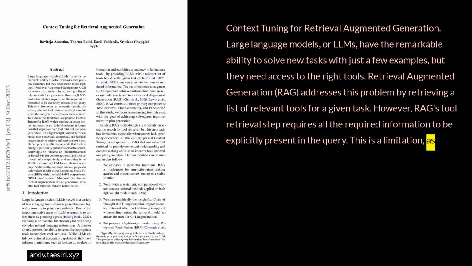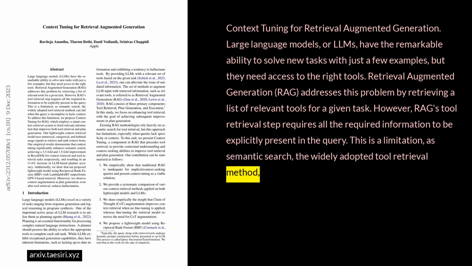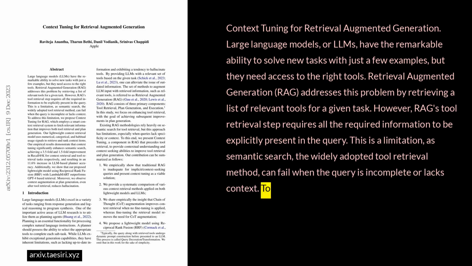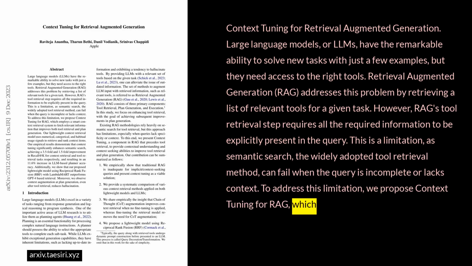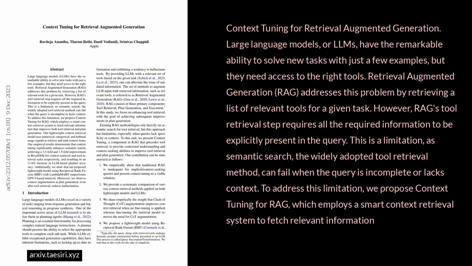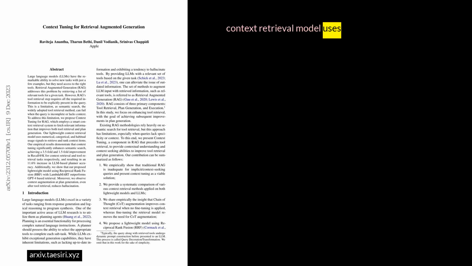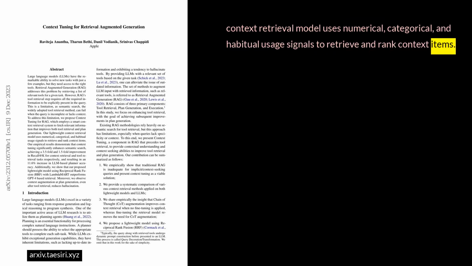This is a limitation, as semantic search, the widely adopted tool retrieval method, can fail when the query is incomplete or lacks context. To address this limitation, we propose context tuning for RAG, which employs a smart context retrieval system to fetch relevant information that improves both tool retrieval and plan generation. Our lightweight context retrieval model uses numerical, categorical, and habitual usage signals to retrieve and rank context items.